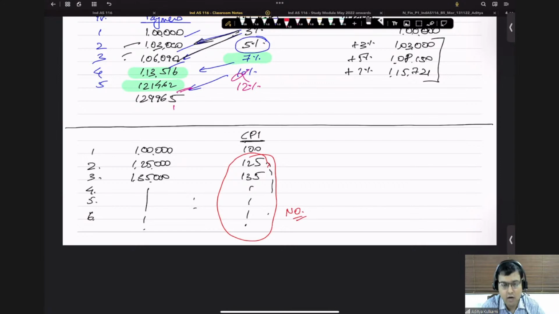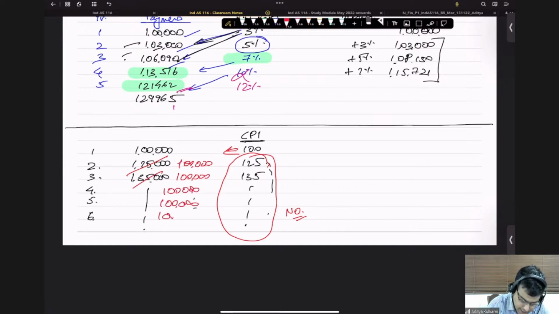And because you cannot estimate the future price indices, what the standard tells is, take this price index only and calculate the lease liability. It will remain as 1 lakh. You will take 1 lakh into 100 by 100. So 1 lakh each year.